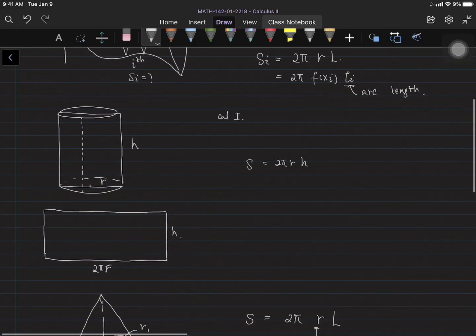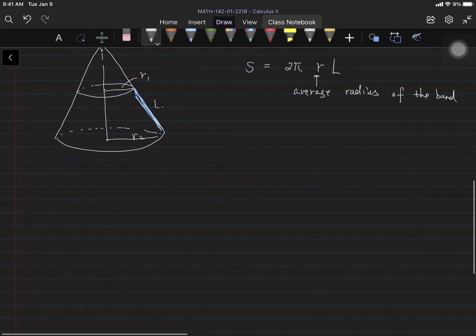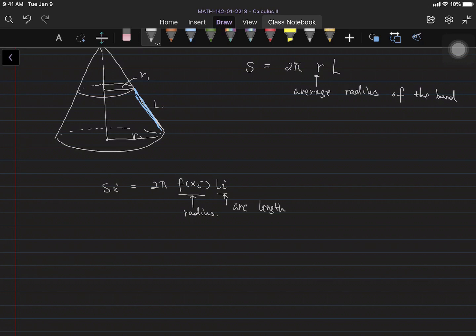Okay, so now let's see. I'm going to write down the same thing here. S_i, which is 2 pi f(x_i) times l_i. And what's the meaning of them? This is the radius, and l_i is the arc length of the S piece.